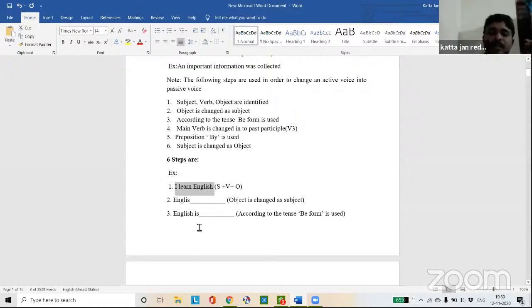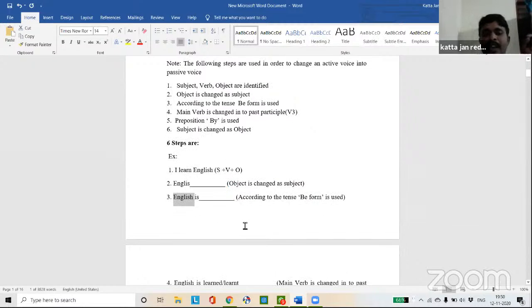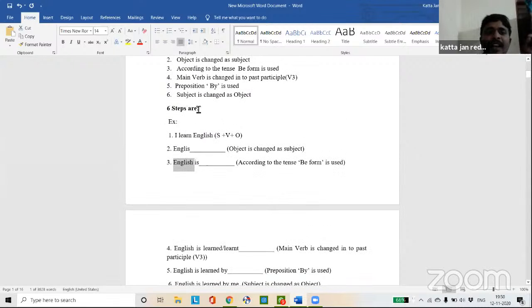So I used is. Why? Because here the subject is English. English is represented as the pronoun it, and it goes with is because it is singular. So I used is. And fourth step, main verb is changed into past participle, that is V3. Okay.